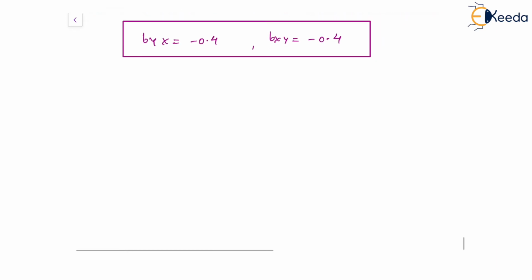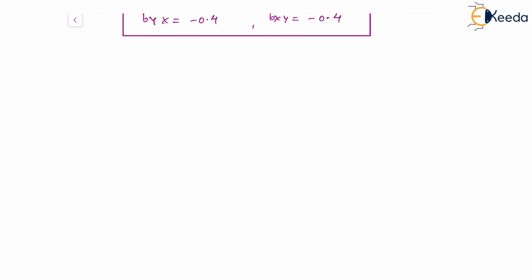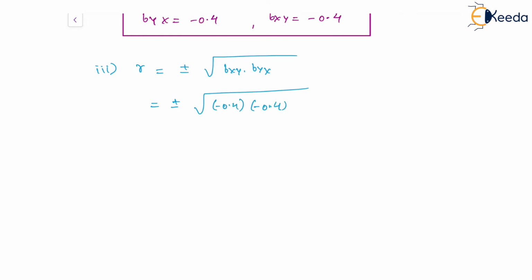Now moving to the third part, which is about the correlation coefficient, r is equal to plus or minus square root of bxy times byx. This will be equal to plus or minus square root of negative 0.4 times negative 0.4, which is actually plus or minus 0.4.